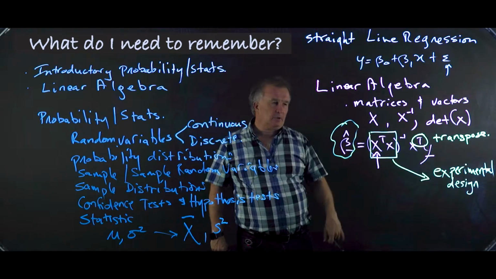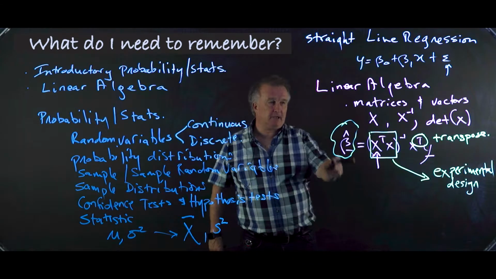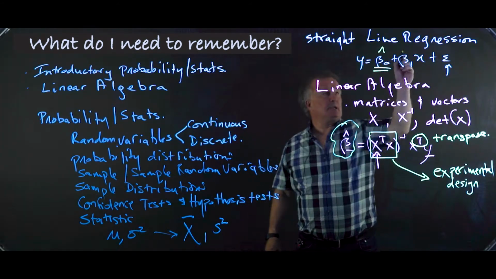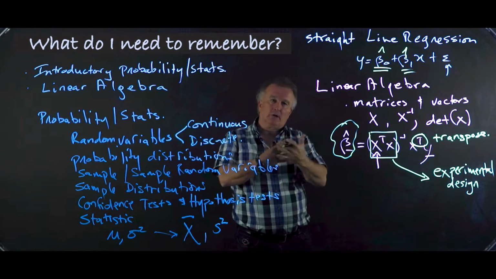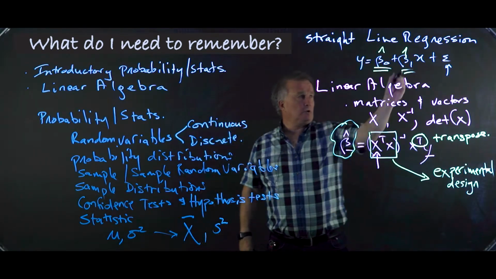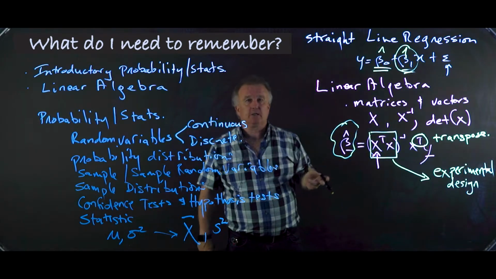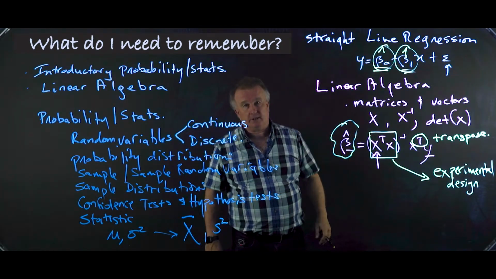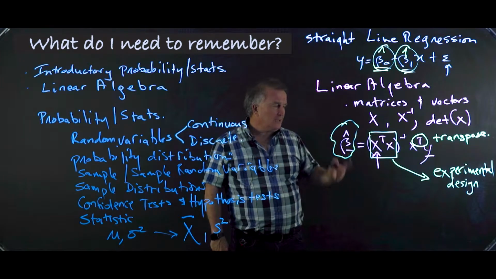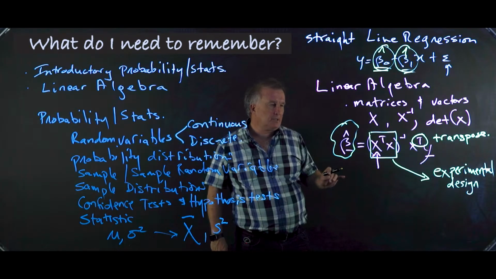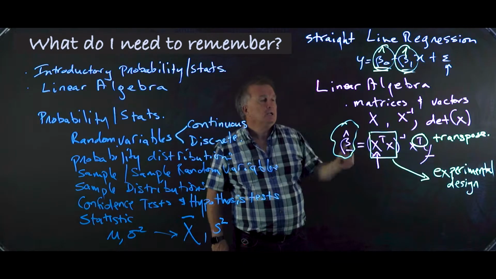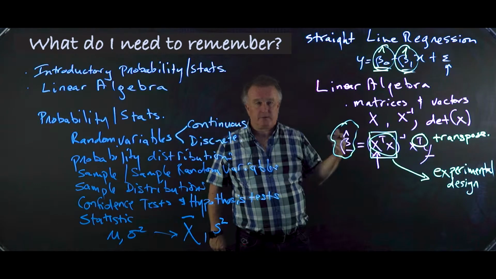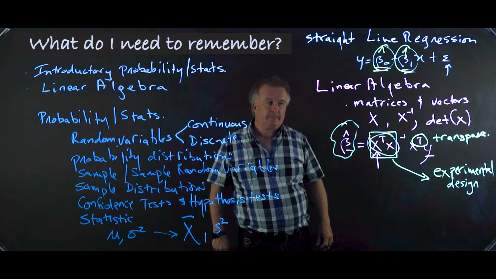Because if we're not careful about how we do our experimental runs, we may find that, for example, the estimate of the intercept and the estimate of the slope have a lot of correlation. And so we can't draw one conclusion about whether the slope's significant or not without having an impact on the conclusion we might draw about whether the intercept is significant. So that's one important area of consideration, is that we can choose our experimental runs in order to dictate the structure of X transpose X and help ourselves when we try to draw conclusions from our modeling.